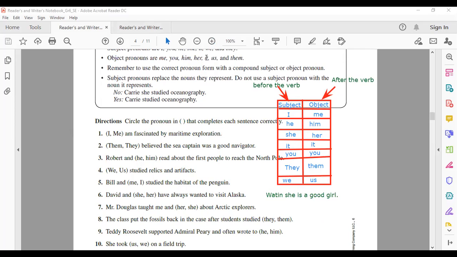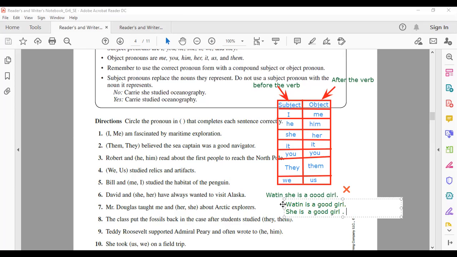This is a wrong sentence. Why? Because you either write the name or you write the pronoun. If you put them together, then this is a wrong one. What you have to say is Watin is a good girl, or she is a good girl.